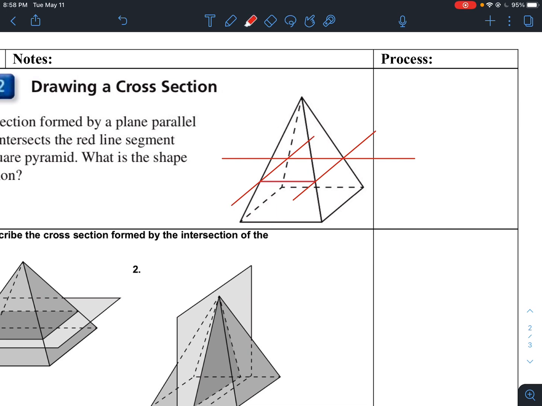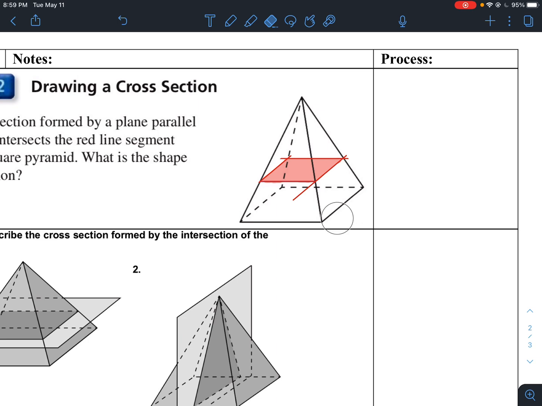Okay, so I'll highlight that area of the cross section. So the cross section has to be like this. This one's not too bad to draw because I knew that the lines had to be parallel, right? It was actually kind of an easy draw.